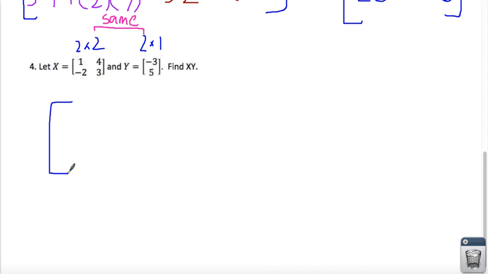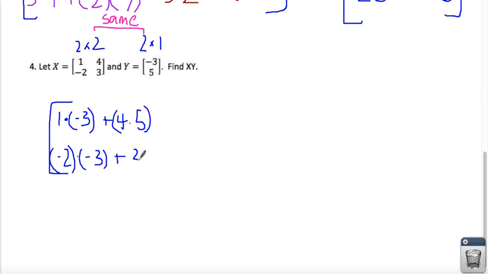So 1 times -3, and then add it to 4 times 5. And then we use the second row of A, so -2 times -3, and then add it to 3 times 5.